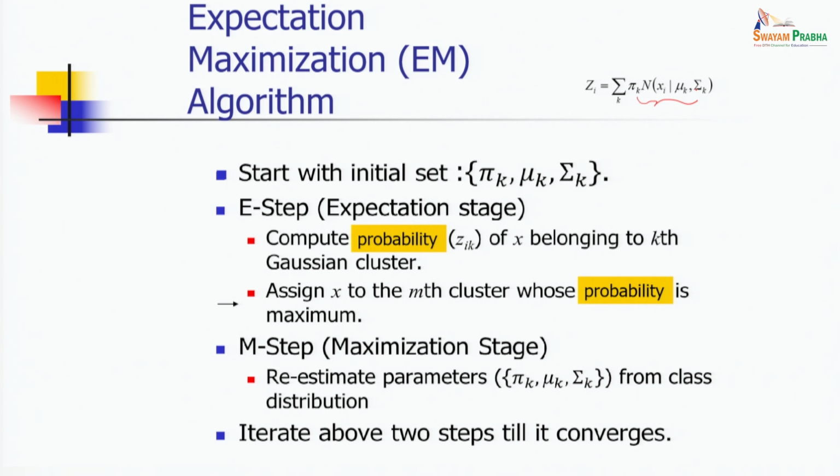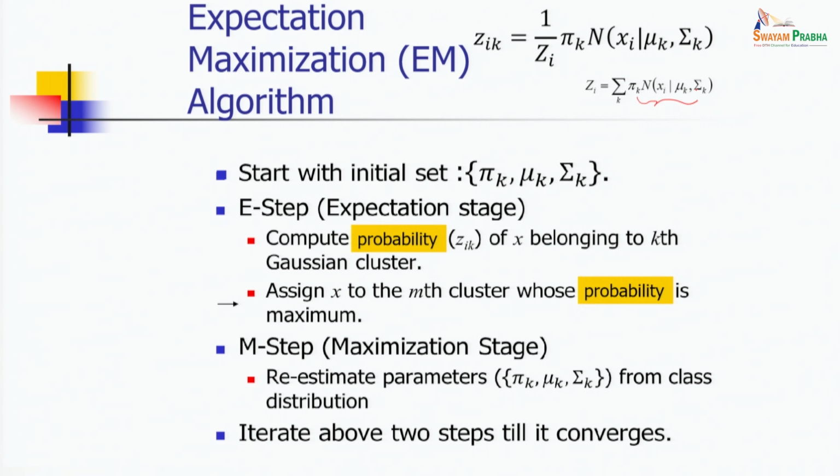That means the feature vector x_i, or pixel, belongs to the kth Gaussian cluster. That is your z_ik. And of course, you have to use the corresponding normalization factor, because there is a discretization of the computations. That's why we perform normalization.